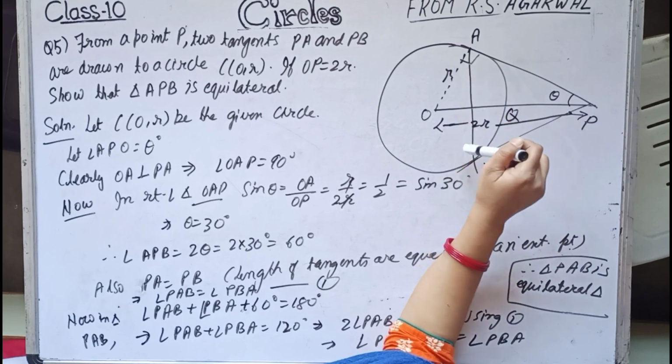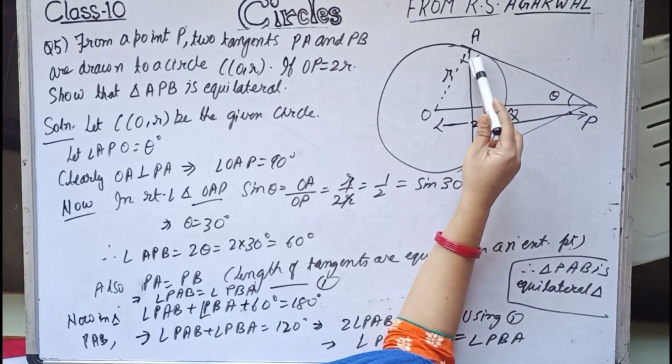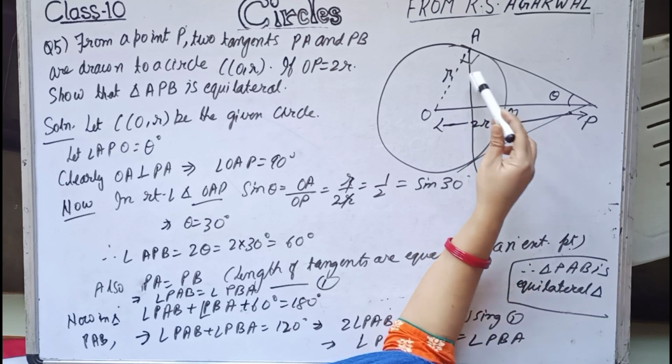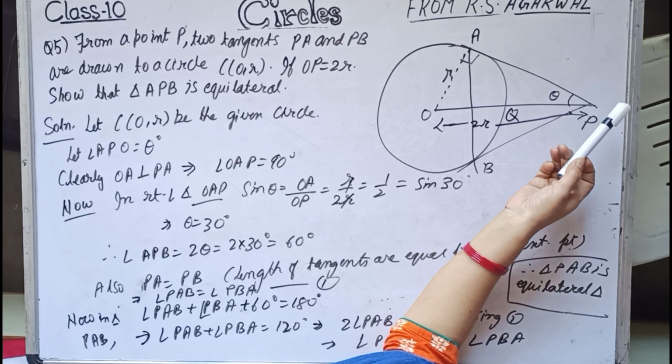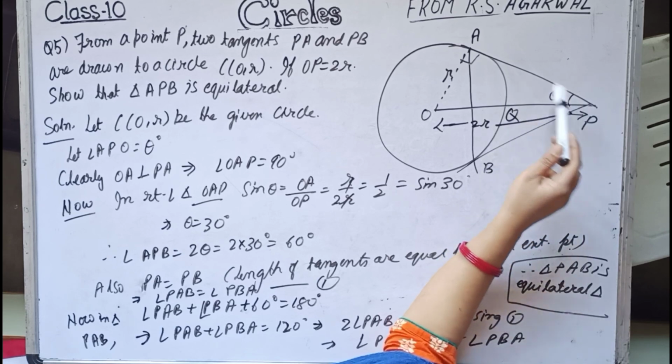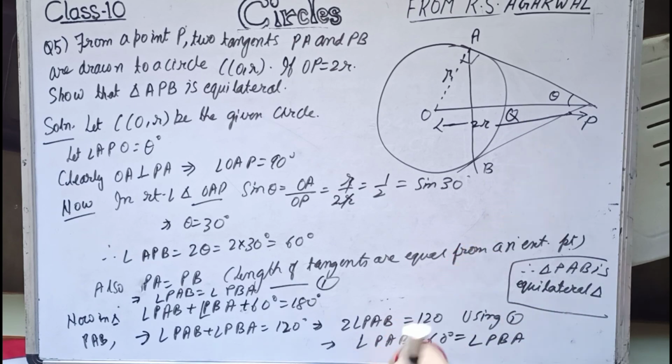Now in triangle PAB, PA equals to PB, therefore angle B equals to angle A. If we take it as x and x, twice x plus 60 is 180, therefore x will be equals to 60 degree. Hence all the three angles of triangle PAB are 60 each. Therefore triangle PAB is an equilateral triangle.